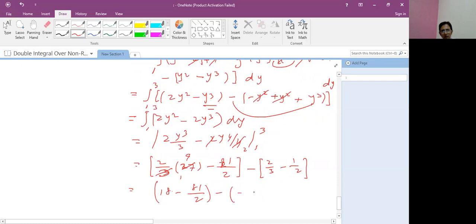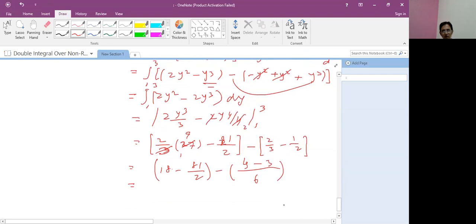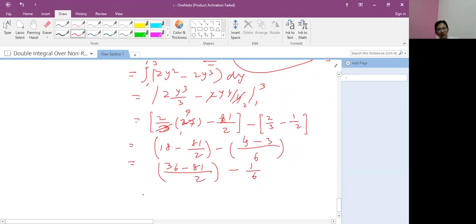Now in the second part, if we take LCM of 3 and 6, it is 6: 4 minus 2 over 6, it is 3. So the answer is 18 2s are 36 minus 81 over 2 in the first part, minus 1 over 6. 36 minus 81, 11 minus 6, it is 5, 7 minus 3, it is 4. So 45 over 2 minus 1 over 6.